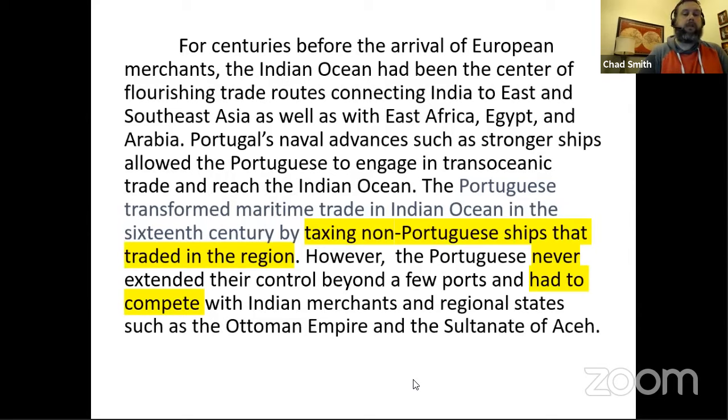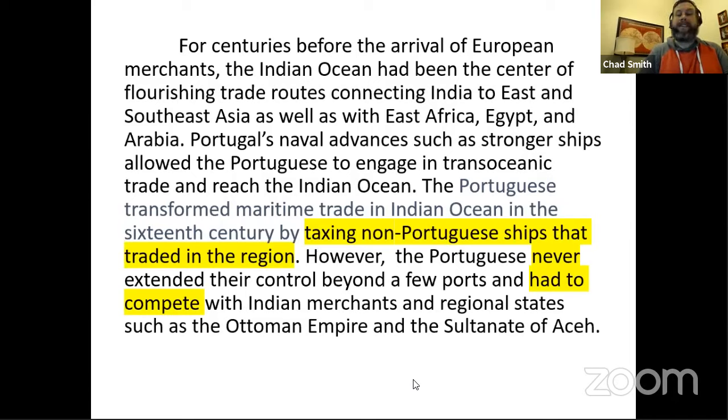The Portuguese transformed maritime trade in the Indian Ocean in the 16th century by taxing non-Portuguese ships that traded in the region. That's a major change that took place because of the Portuguese. Notice that it shows us something that the Portuguese actually did. It has to have an action of the Portuguese for it to show how the Portuguese transformed trade.